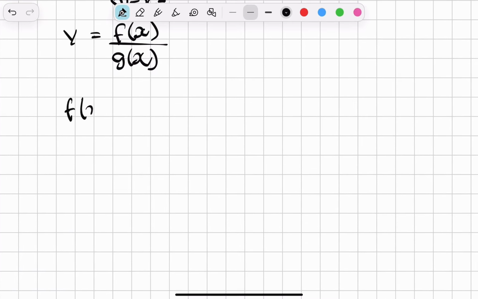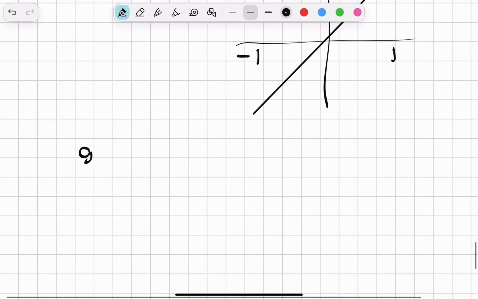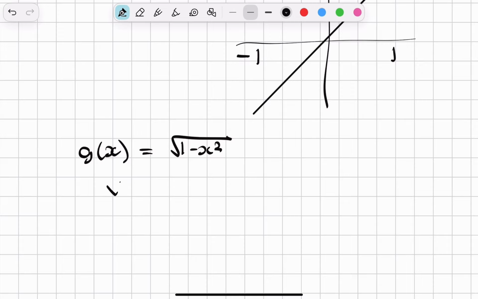So let's sketch f of x with our domain minus 1 to 1, and g of x, well, for now this isn't an easy sketch, but we can work our way around it.